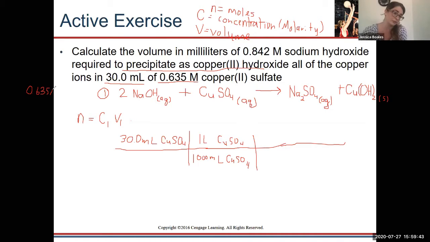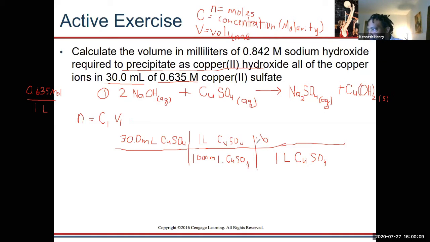You have 1 liter on the bottom, and the 0.635 is the moles. So then I can put my 1 liter here, and then I can put my 0.635 moles on top.